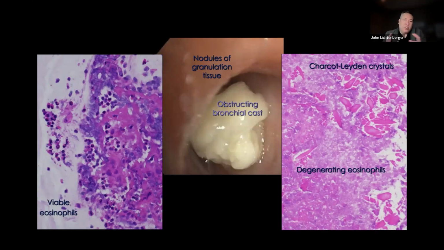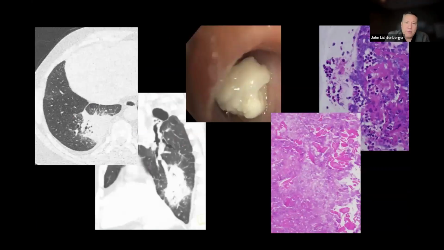If we have a plastic bronchitis characterized by eosinophils, then our overarching diagnosis is eosinophilic plastic bronchitis, which is usually a disease of childhood, usually in asthmatics, in those patients with chronic airways inflammation.